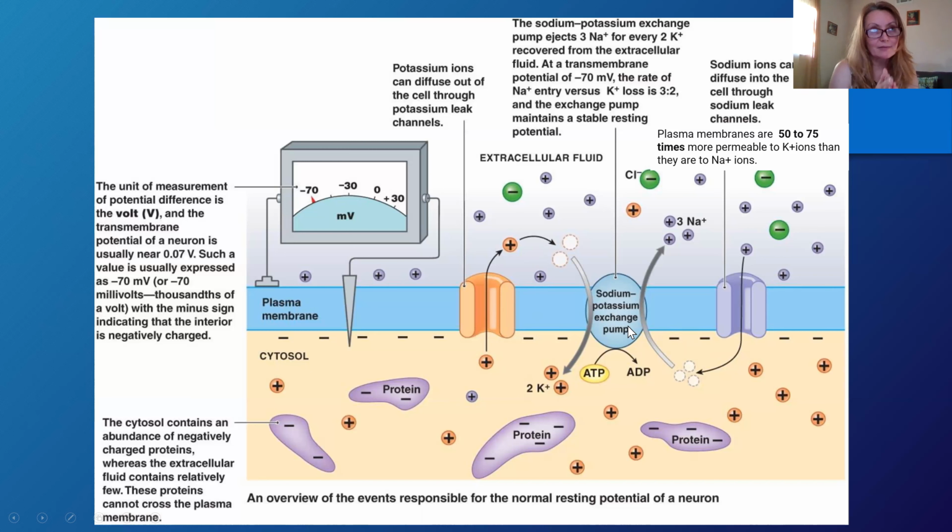So the sodium-potassium pump makes a chemical gradient, and the leakage channel makes an electrical gradient. The cells are losing a lot of positive charges, becoming negative inside and positive outside.